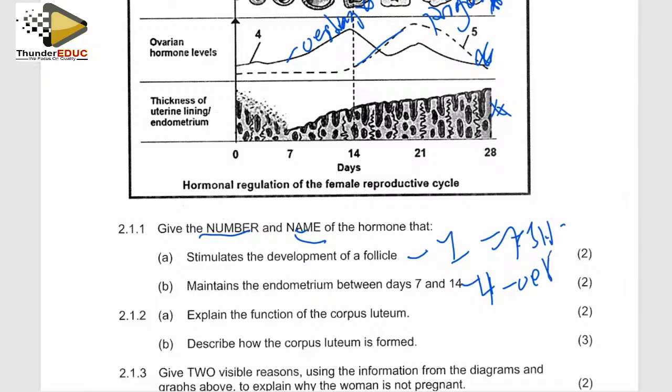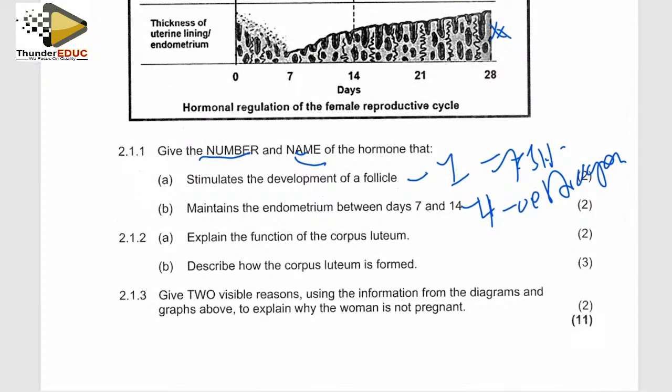And then it is estrogen. Then they're saying, explain the function of corpus luteum. The major function of corpus luteum is to produce progesterone, which maintains pregnancy. How?